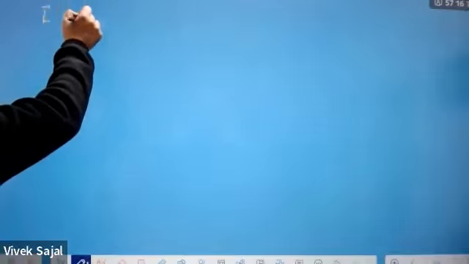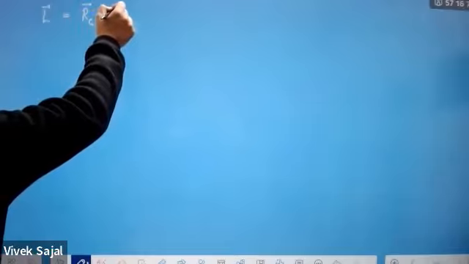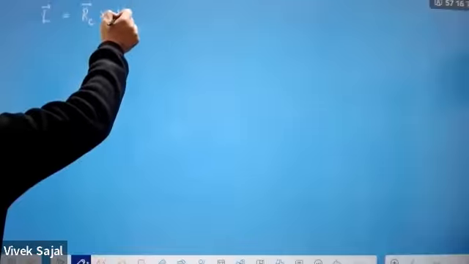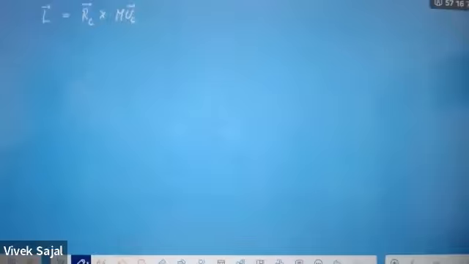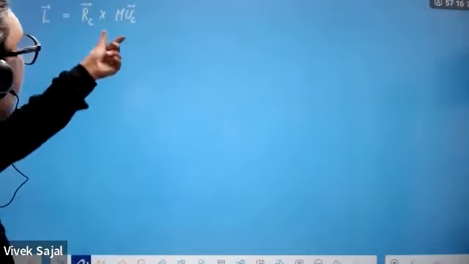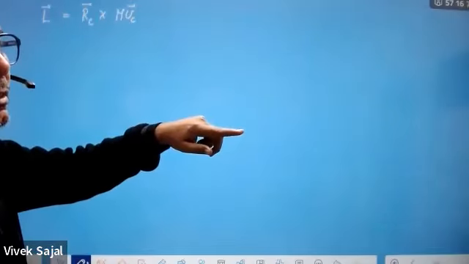So L is made up of two terms. This is RC, position vector of the center of mass, cross product with total mass focused on the center of mass into VC. What is this? So this is the total momentum of the system that is acting at center of mass.